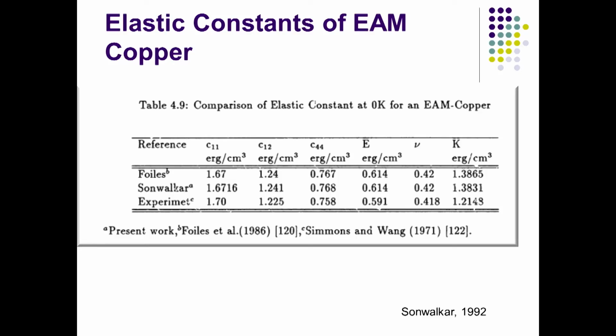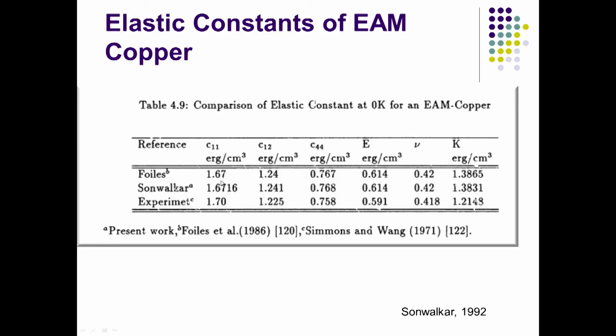Now, here are the comparisons based on the 20,000 time steps that I did in all different directions, C11, C12 and C44. Now you can compare the data. This is by the EAM potential people, Foiles, the 1986 paper, and another one is Simmons and Wang, which was done without EAM, and the present work is the work that I did.